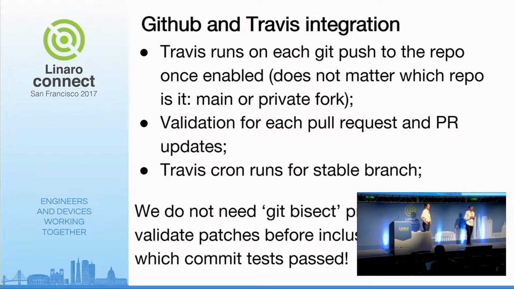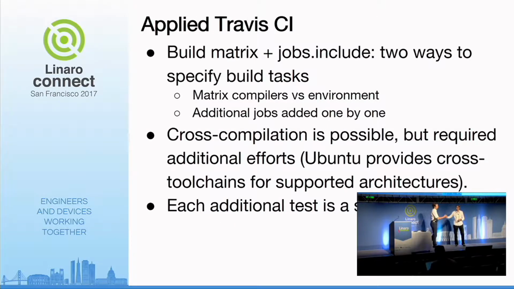Using Travis, we will not need git bisect, so it will be used very rarely. If you need to find which exact commit broke the build, you can go to the web page and see which commit passed all tests and which commit failed. That's quite easy.